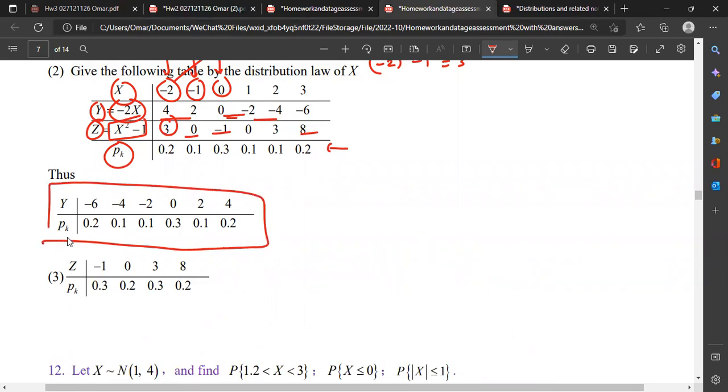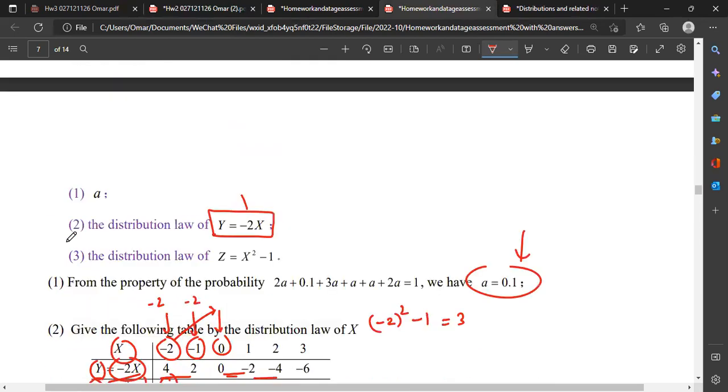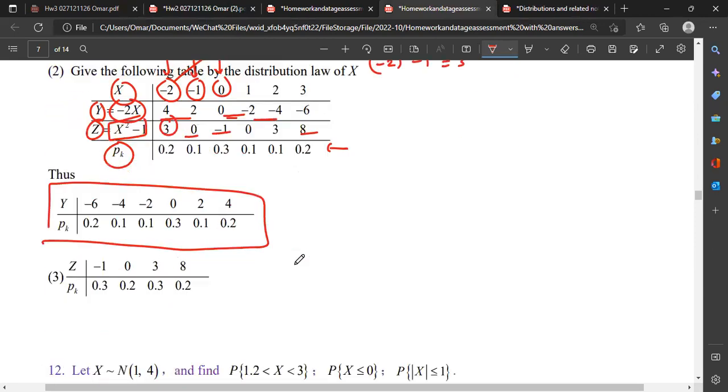And yeah, the distribution law for y equal to -2x, and you also get the distribution law of z equal to x squared minus 1. Just write them separately. So you just take this here and take this here, and again you just take this here. Oh, sorry, z.